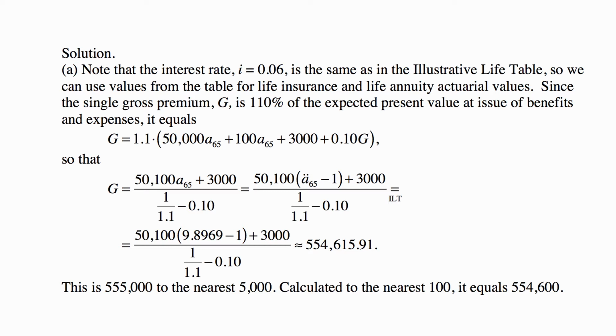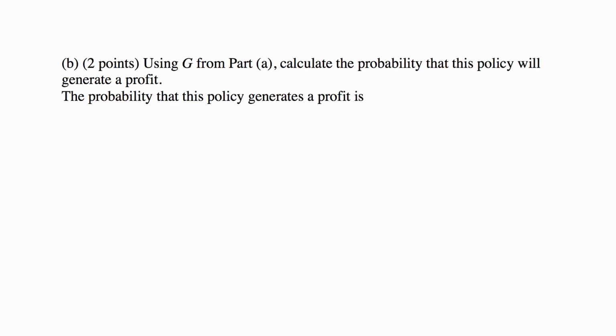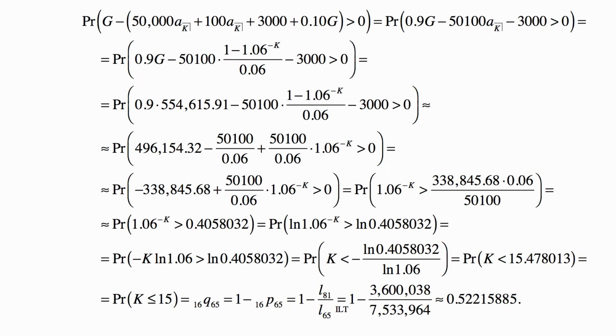554,600. In part B, we're supposed to use the gross premium from part A and calculate the probability that this policy will generate a profit. So we want to find the probability that this company makes money on this product.